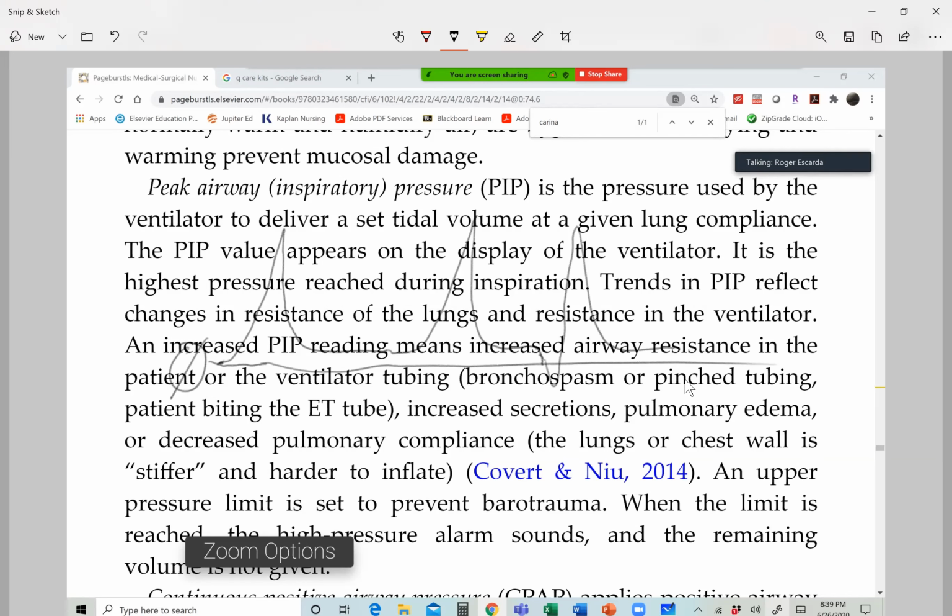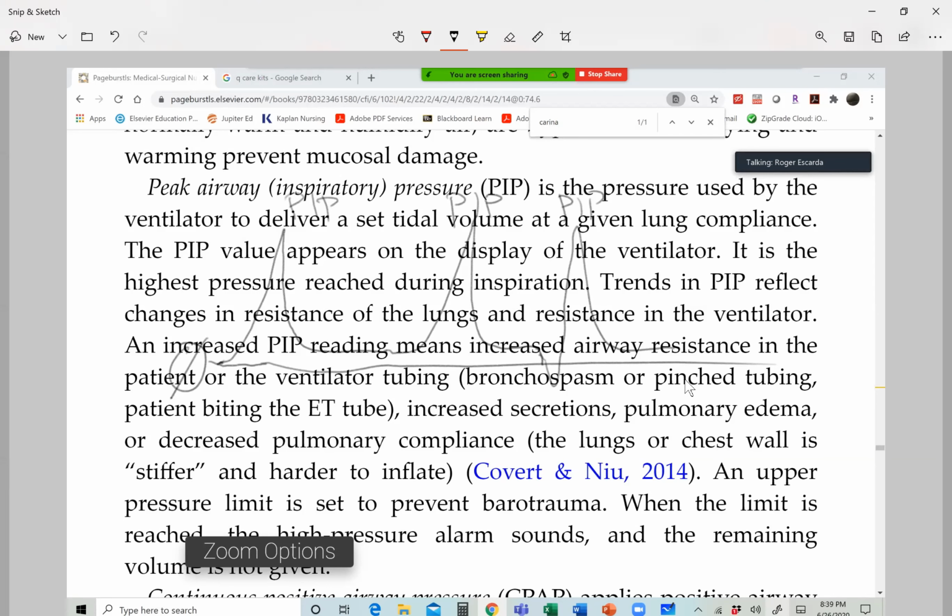Anything positive above the zero line is delivered by the ventilator. So you can literally count how many breaths the vent gave and how many spontaneous breaths the patient made. Here at the peak is the peak inspiratory pressure, the highest point, the highest pressure.